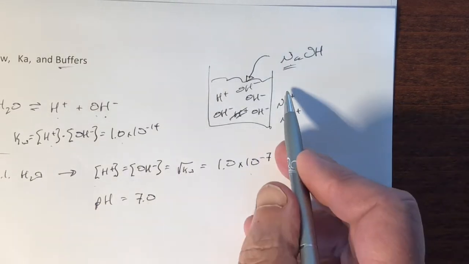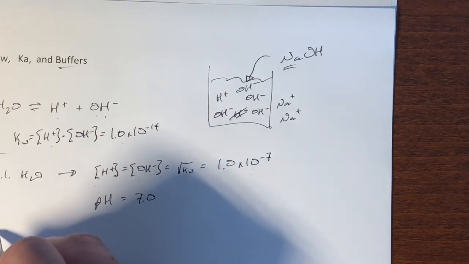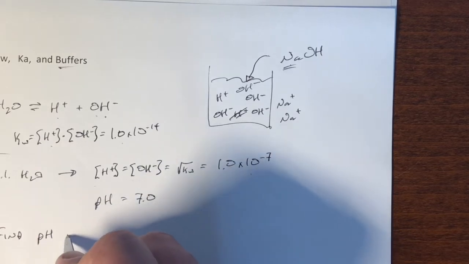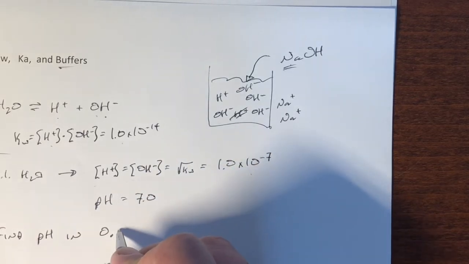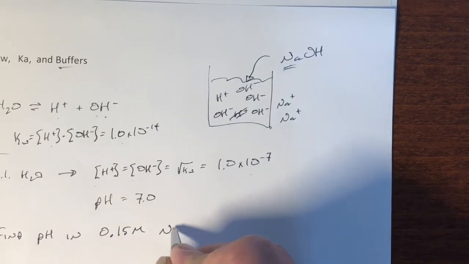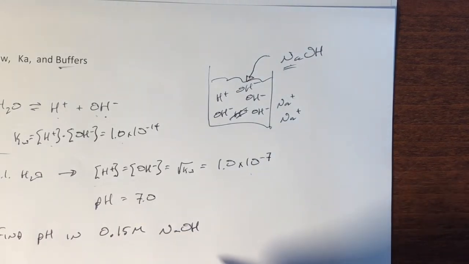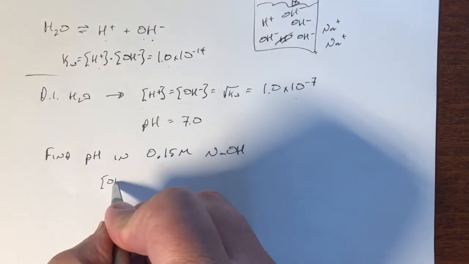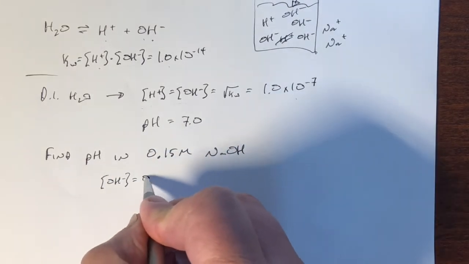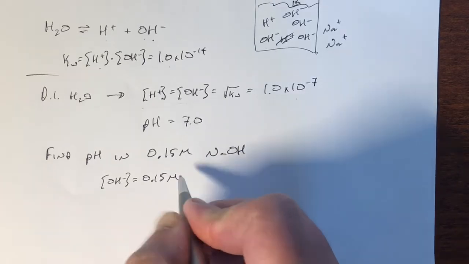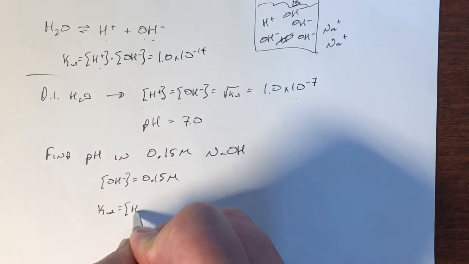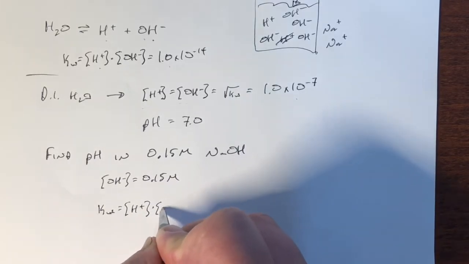Okay, if I were to add sodium hydroxide, so if I said, let's find the concentration in, let's just say 0.15 molar NaOH, I kind of use the common ion effect here, but I cut straight to the chase, and I say, oh, well, I know that the hydroxide ion concentration is 0.15 molar, and I know that Kw equals concentration H+ times concentration OH-.